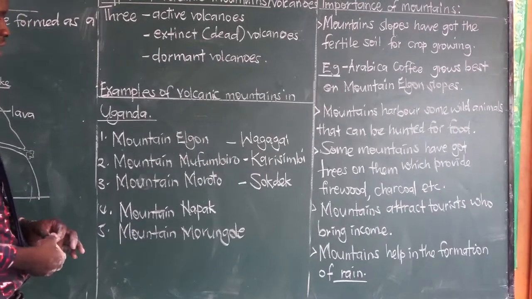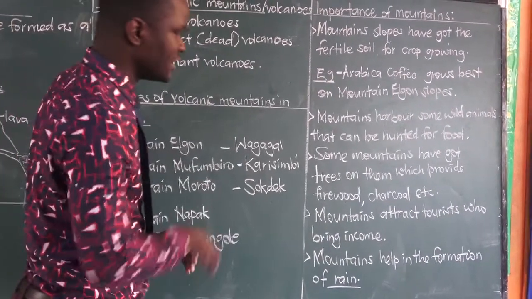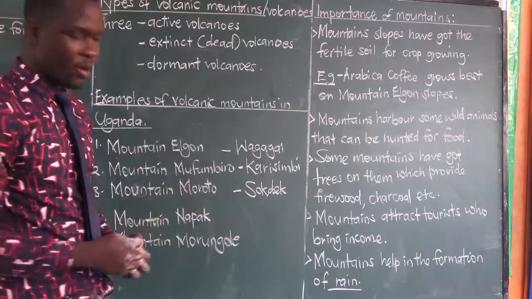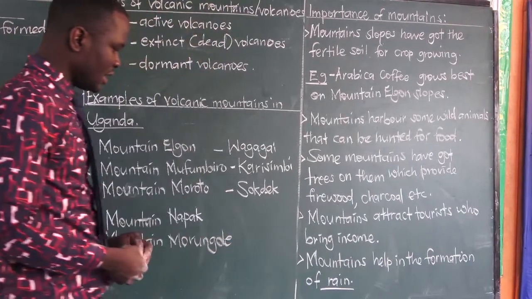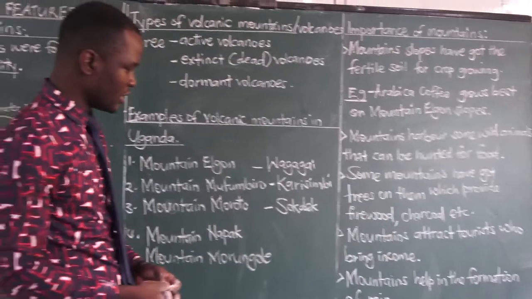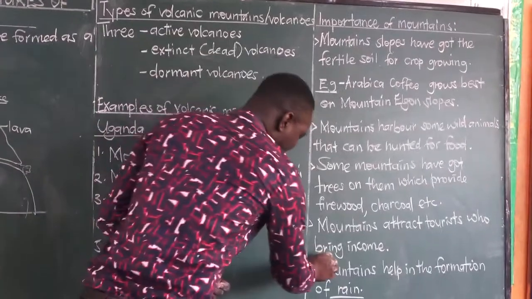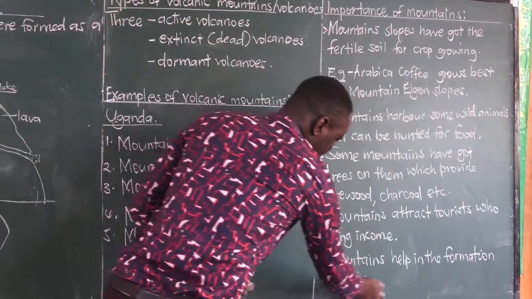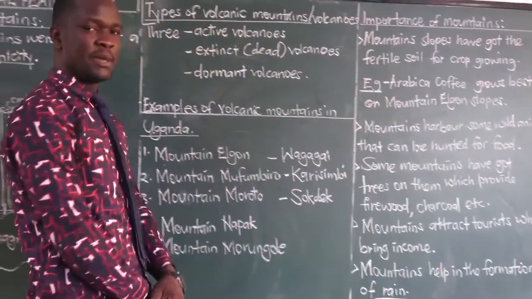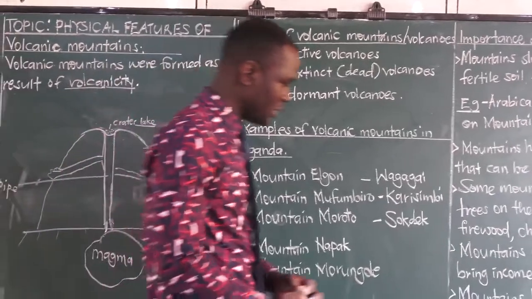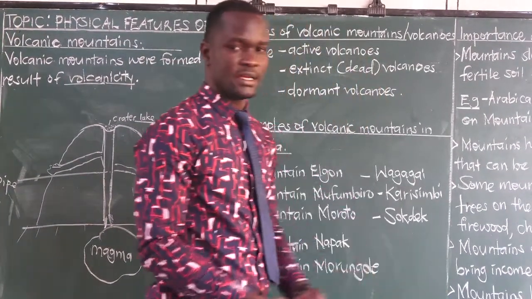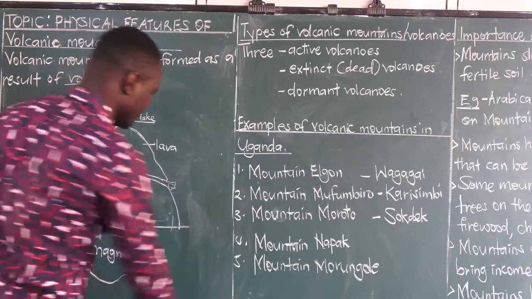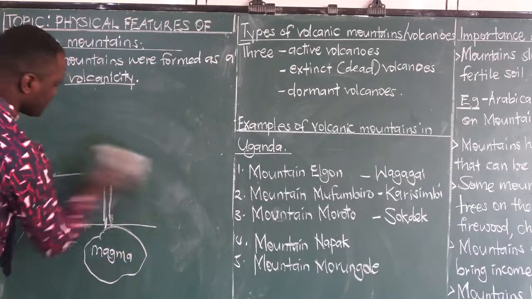How do mountains modify the climate? Mountains make the climate nice in an area, by helping in rain formation. In our next illustration, we are going to understand how mountains help in modifying the climate, and our lesson will be ending there. So let us discuss how rain is formed in mountainous areas.